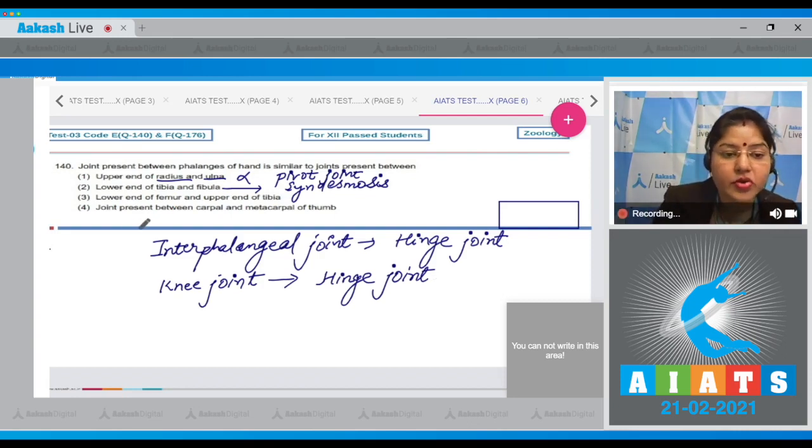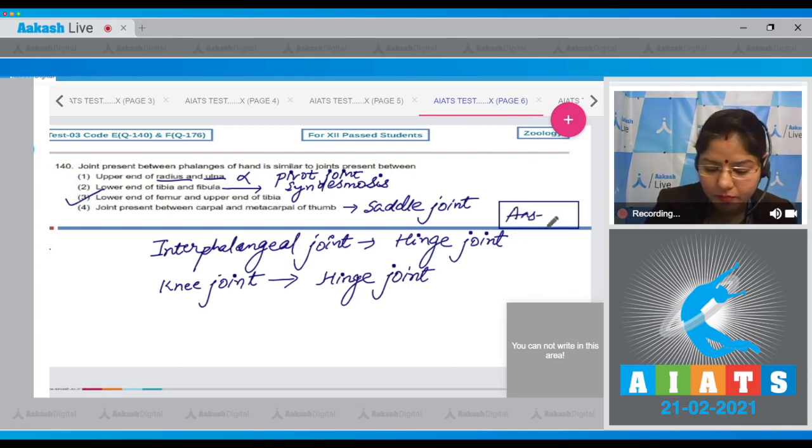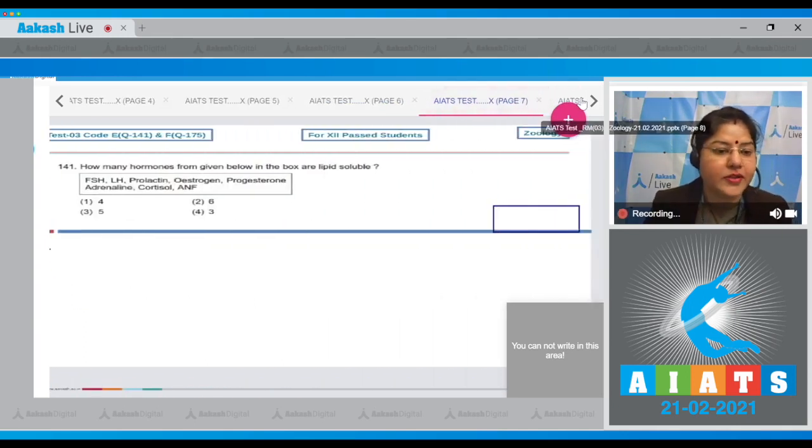Option number 4, joint present between carpal and metacarpal of thumb. The carpo-metacarpal joint of the thumb is a saddle joint. So the correct answer to this question is option number 3. Let's move on to the next question.